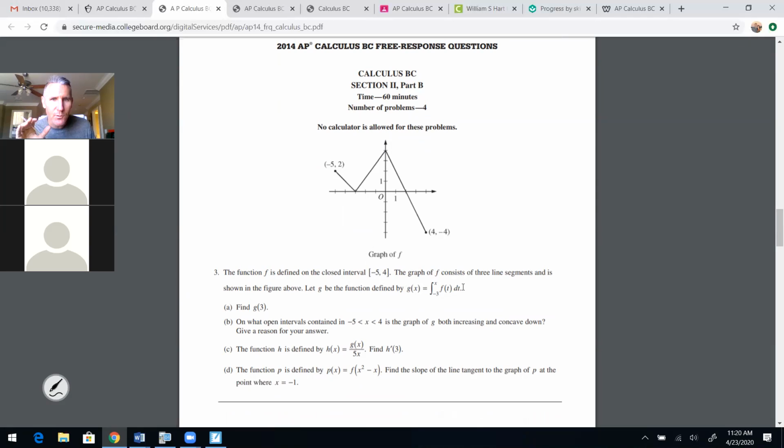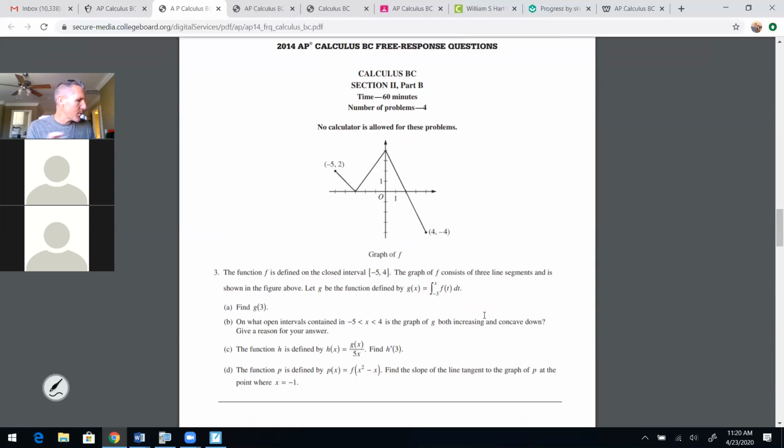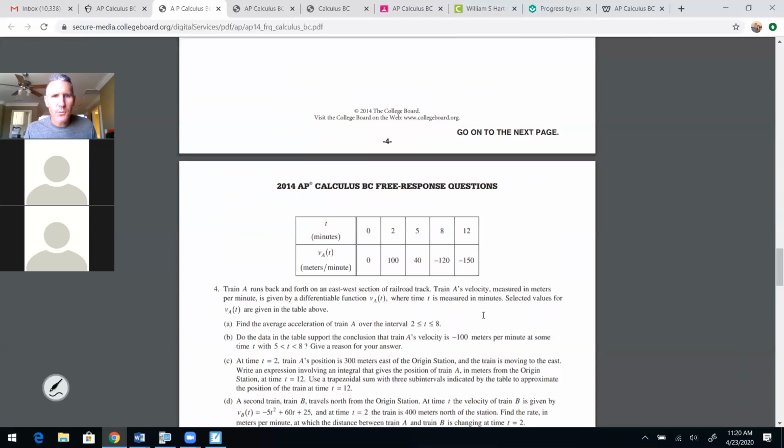The big thing you have to realize there is that G prime of x is equal to f of x. That's a hint I'm giving you right now. Anyway, so that's number 3. So you're doing 1 and you're doing 3.